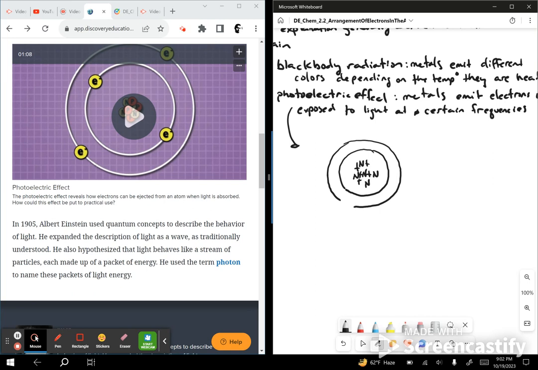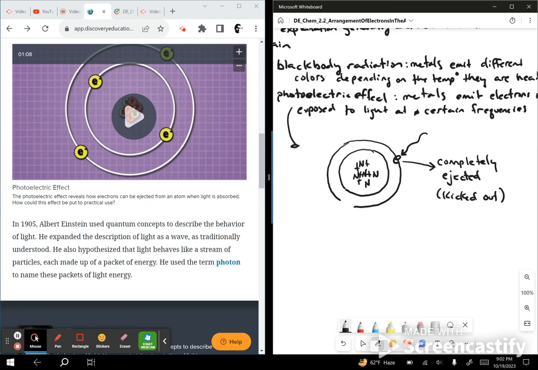You can have an electron that's sitting here, and when you have energy that strikes your electron, the electron can be completely ejected. Not just jump up to one level and then return back to its ground state, but actually be kicked out, completely ejected or kicked out. Okay, and we call that the photoelectron.